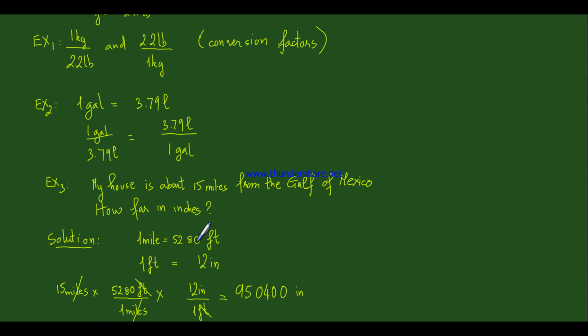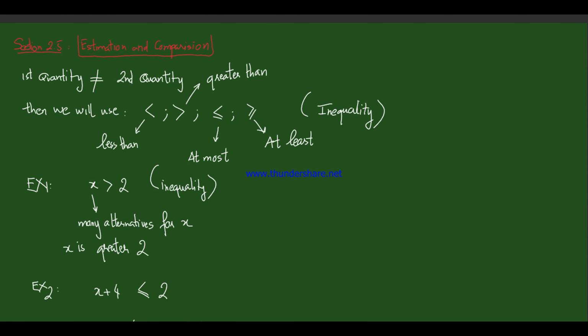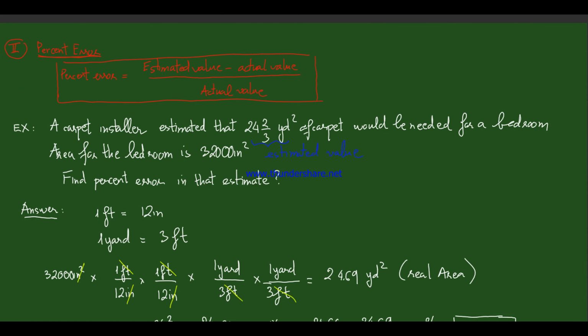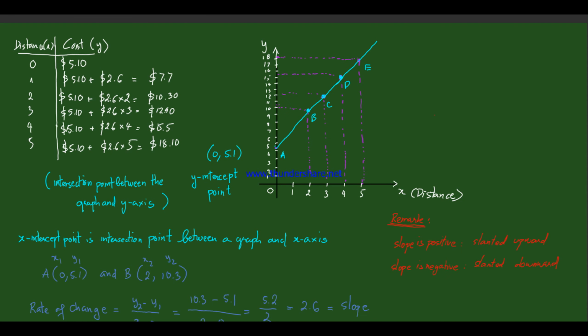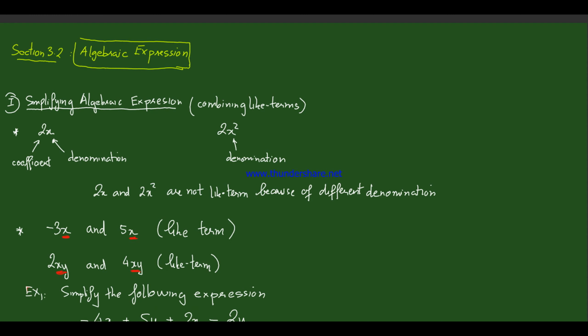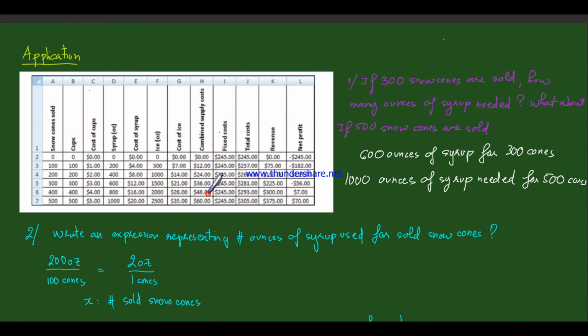One mile is 5280 feet. Remember, okay? 5280 feet.